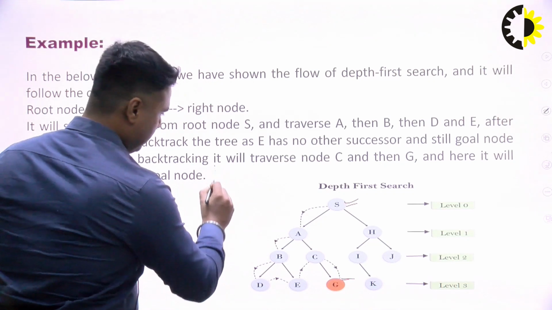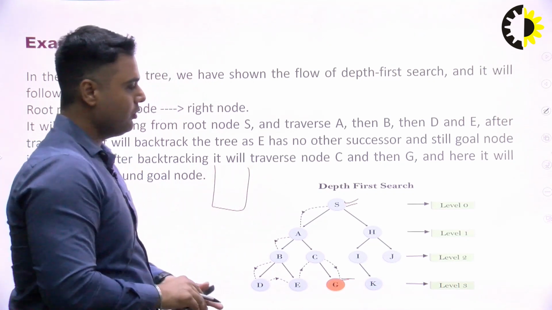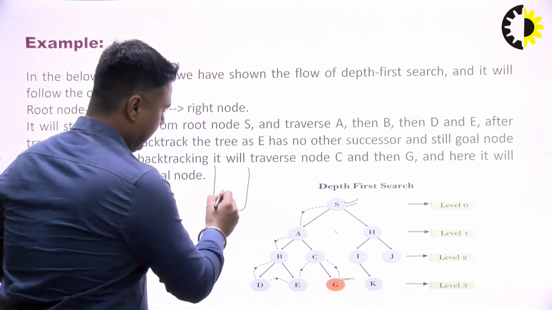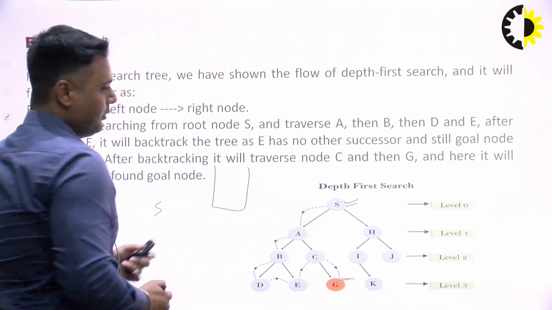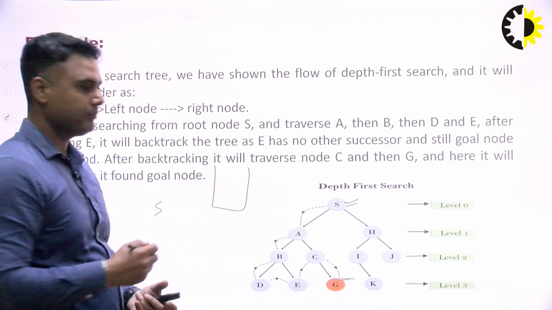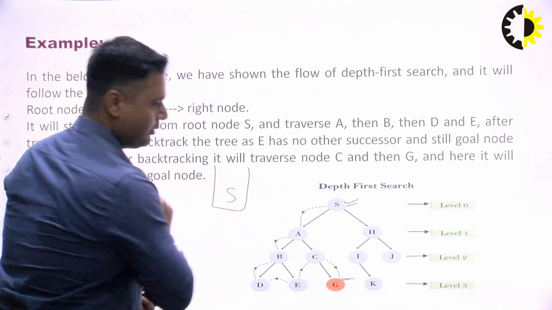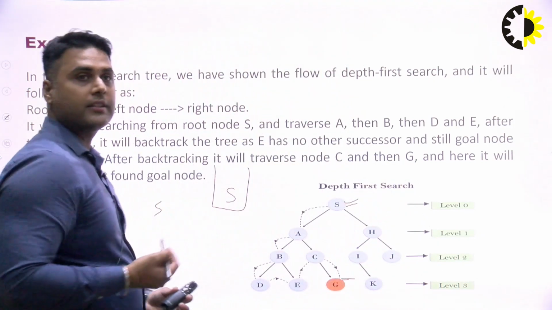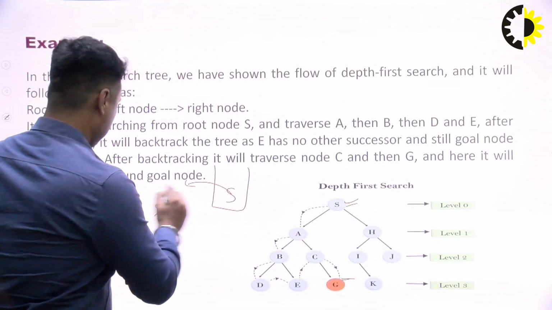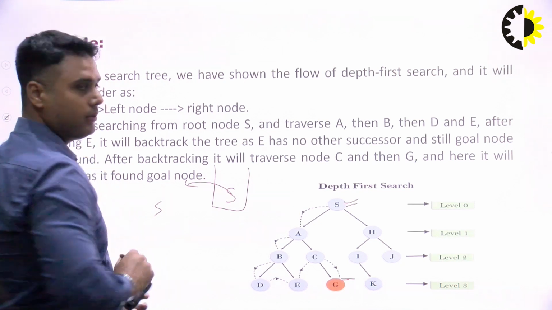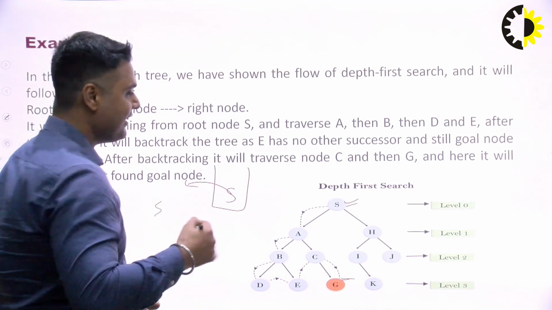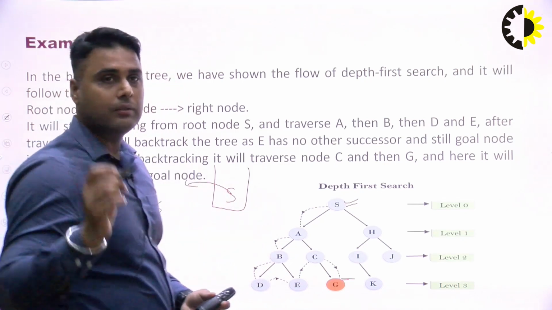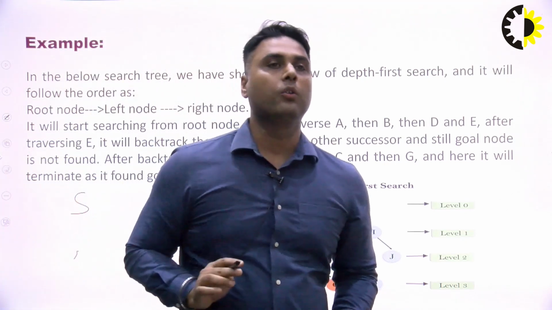That means initially the first node, the start node S, is put on the stack. Then I traverse the first node S. Then the adjacent nodes are put on the stack if S, the first node, is not a goal node.